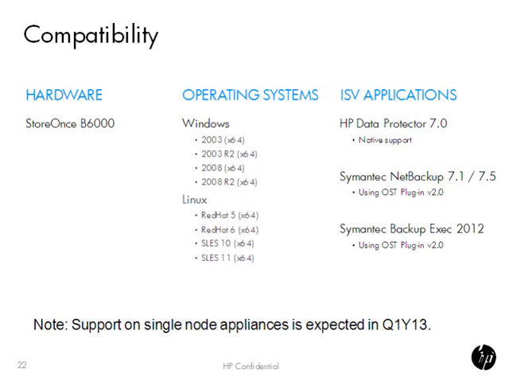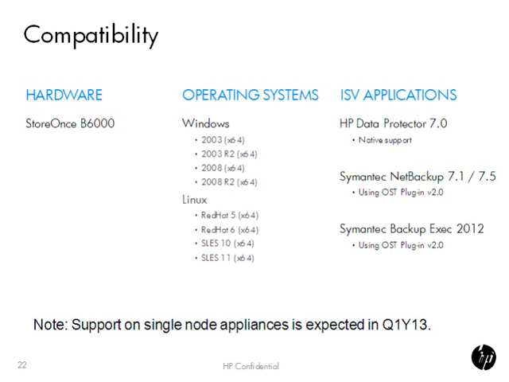So we support Windows. Note that it's all 64-bit platforms. There's no support for 32-bit platforms, and there's no support for the Itanium platforms. But we do have support for Windows 2003 onwards, and we have support for Linux versions Red Hat 5 and 6 and SLES 10 and 11.